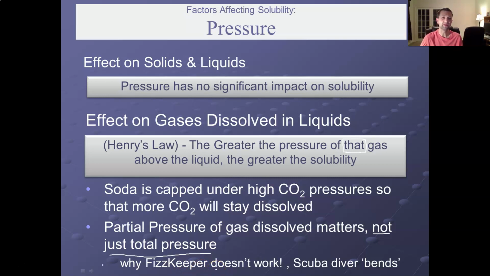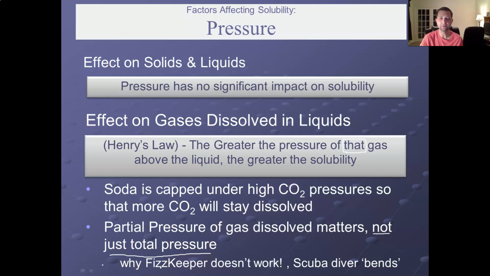They don't really work because the carbon dioxide is what's in the soda, right? That's what makes it carbonated. If you're using this fizz keeper to pump gas into that soda bottle, 80% of the atmosphere is nitrogen, 20% is oxygen.